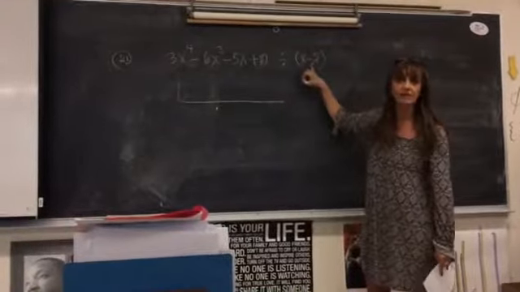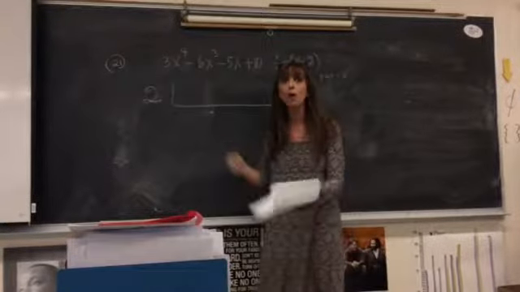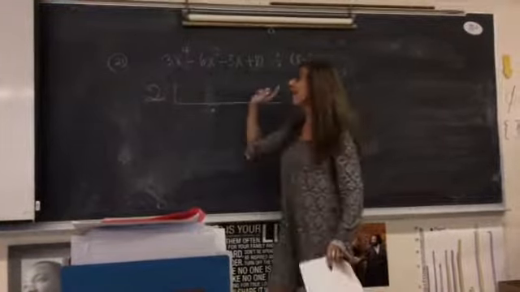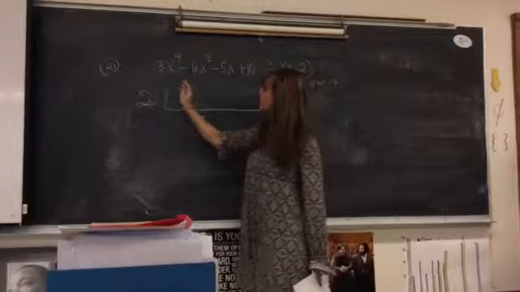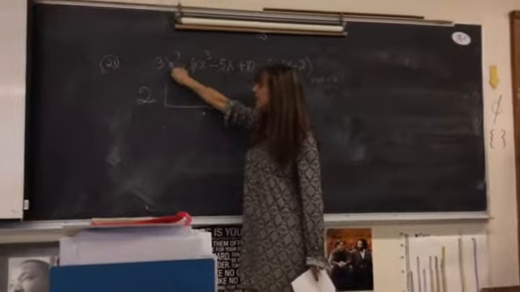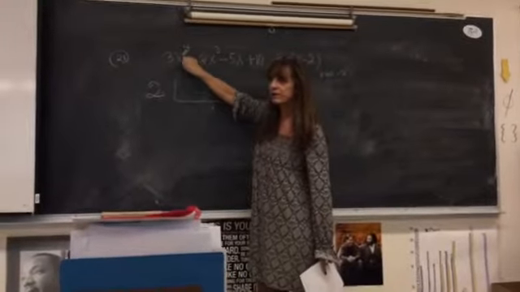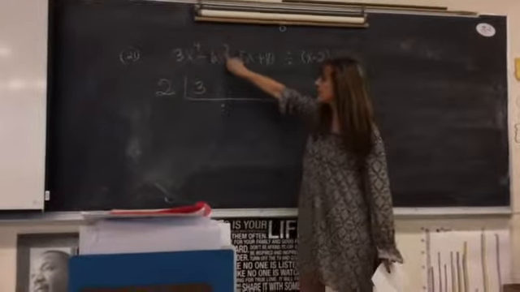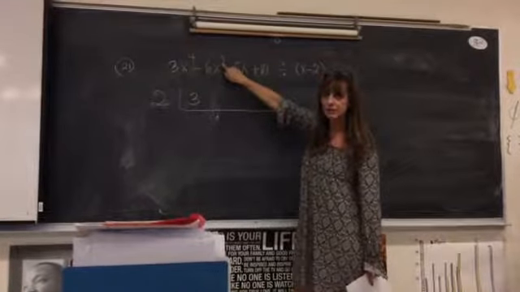Now on the inside of the division, you're going to put the coefficients of the polynomial from highest exponent to lowest exponent. So let me go slowly. The coefficient in front of the 4th degree term is a 3. Then you're at the 3rd power. The coefficient is negative 6.